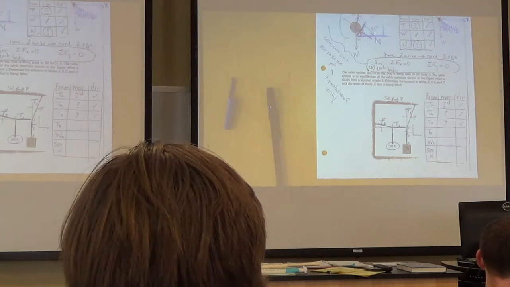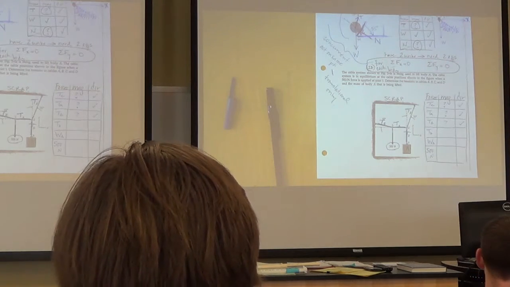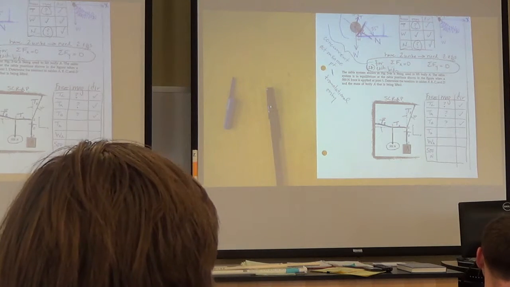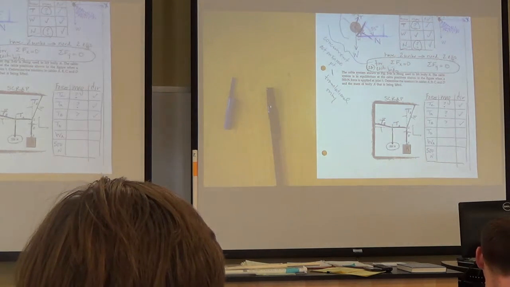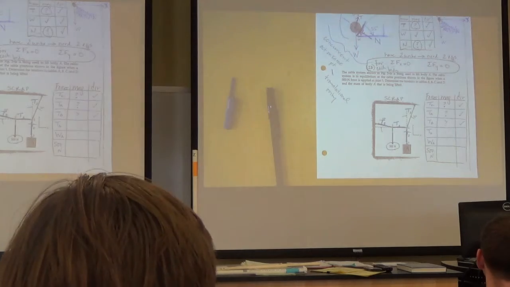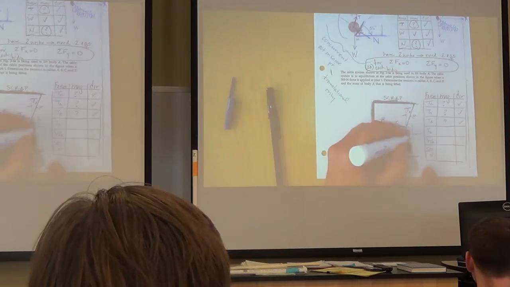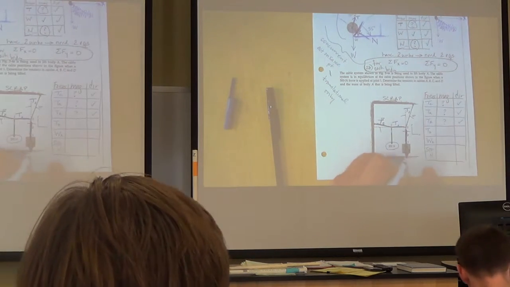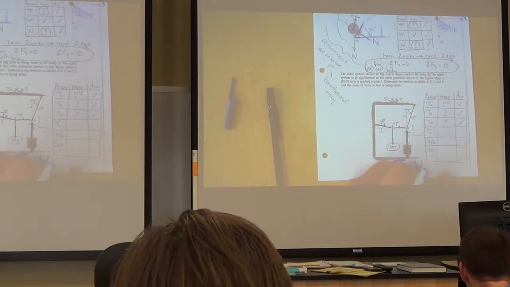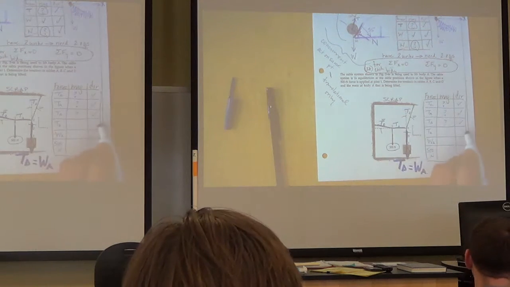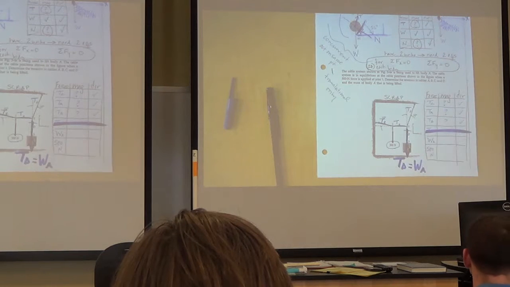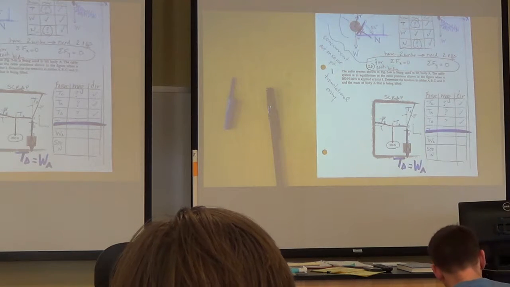So even though it is an unknown, and it requires an equation, I think that we could jump ahead on that and just say that this tension is the same. TD is equal to weight A. So we're not going to put this on there. We're not going to say it's unknown.